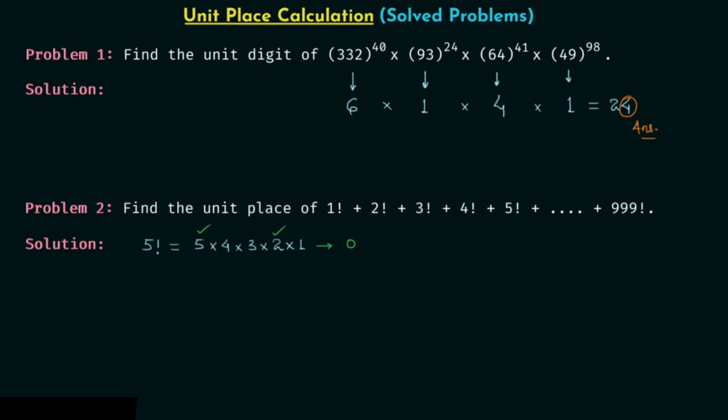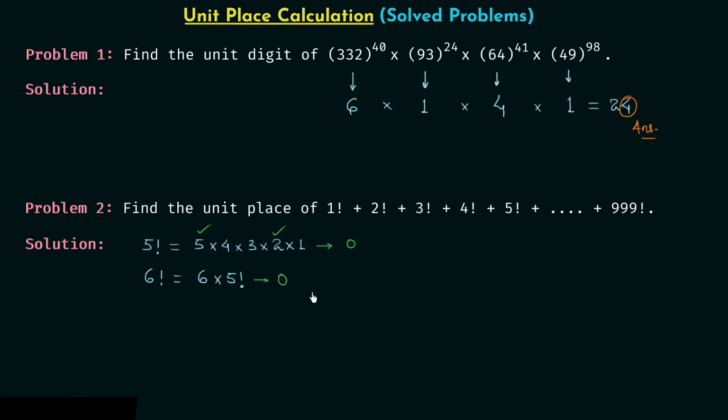Similarly, if we focus on 6 factorial, then in 6 factorial we will have 6 multiplied to 5 factorial. Now this 5 factorial we already have seen will have 0 at the end, and therefore 6 factorial, which is 6 multiplied to 5 factorial, will also have 0 at the end.